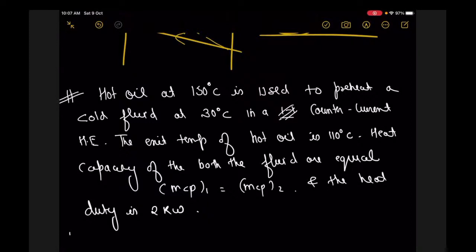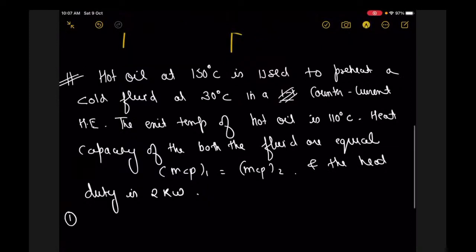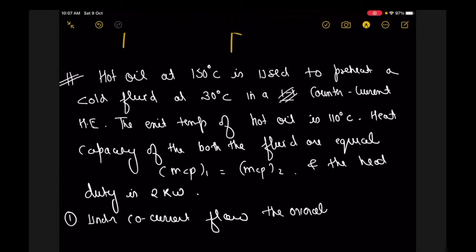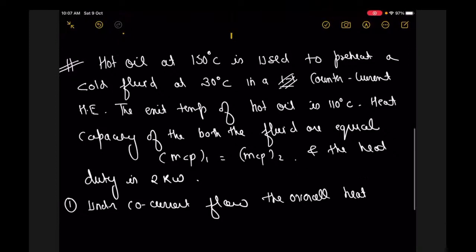Okay. Under co-current flow, the overall heat resistance is 1 by UA.